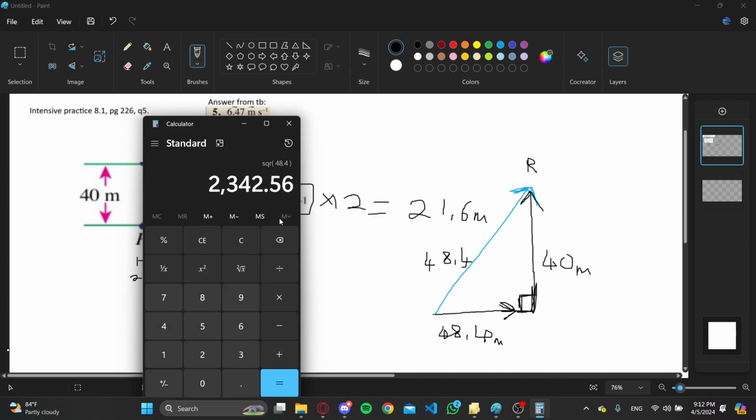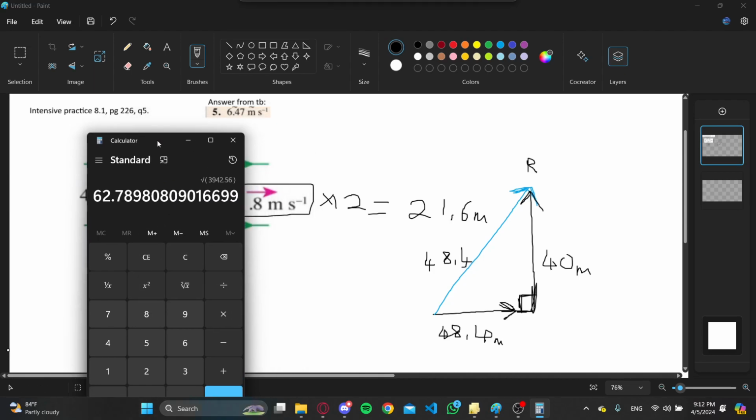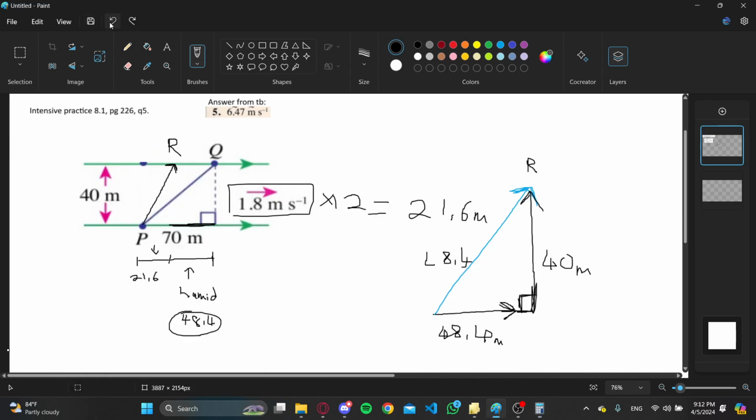What are you? Oh, okay, I see. I have to add 1600 to you, and then now I can square root. Okay, you know what? This calculator sucks. There we go. Okay, this is 62.7.